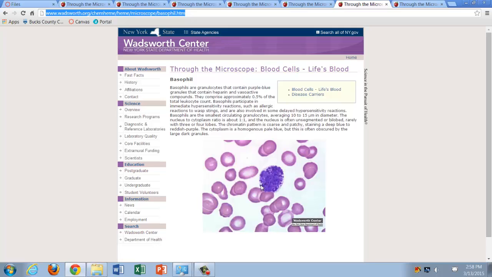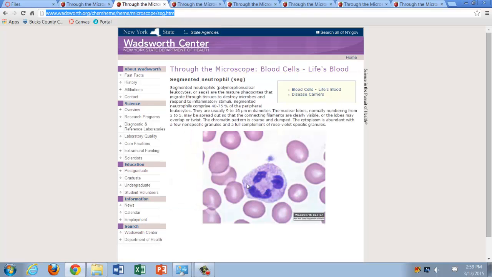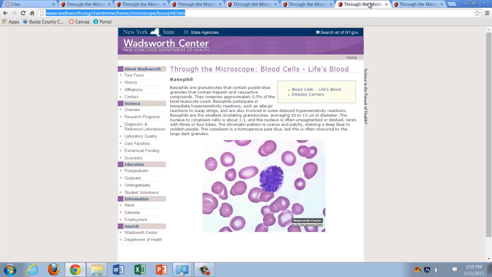But this is a segmented neutrophil. It is the cousin of this band and this mature, but the granules are so dark that you cannot see the segmentations. So this also is a segmented neutrophil. You only can see these dark granules.